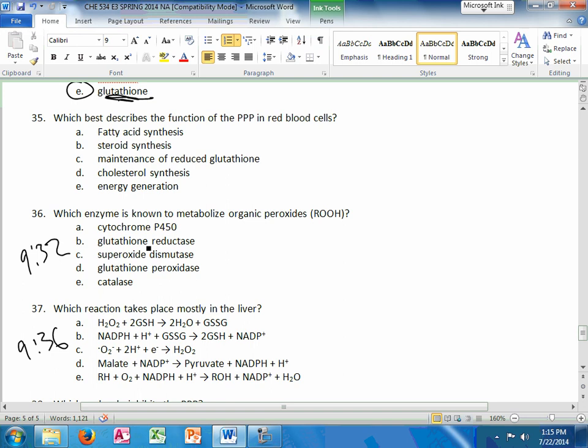This describes the function of the PPP in red blood cells. So all of these other things are pretty specialized functions having to do with fat and having a mitochondria. Maintaining reduced glutathione is the job for red blood cells. All of these other things are more specialized cells that we learn about mainly in the next unit, in the fatty acids unit.